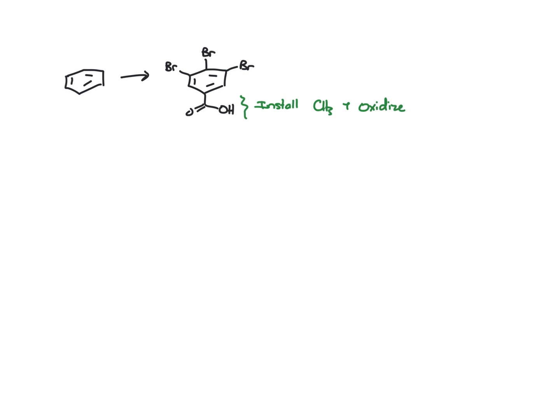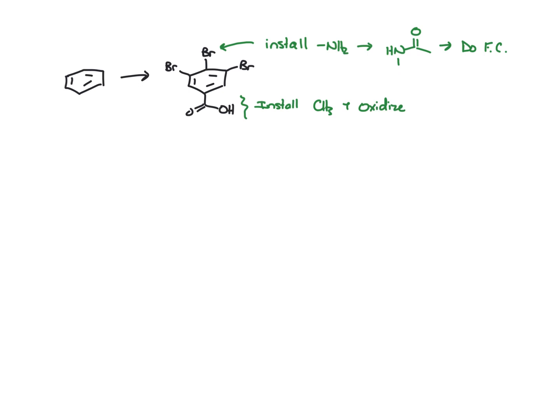So what I'm going to do in order to accomplish that is at this top position of the ring, I'm going to install an NH2 and then convert that to the bulky amide group. Once I have that bulky amide group on the ring, then I can do the Friedel-Crafts. And that will let me do that selective installation, para.